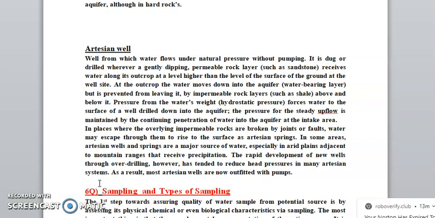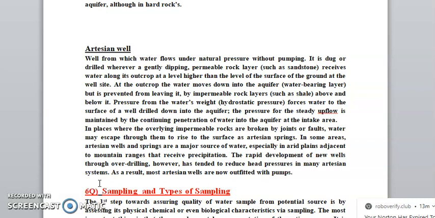The pressure for the steady upflow is maintained by continuing penetration of water into the aquifer at the intake area. In places where overlying impermeable rocks are broken by a joint or fault, water may escape through them and rise to the surface as artesian springs.